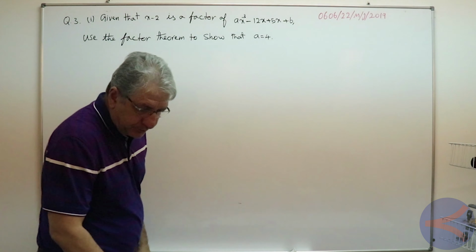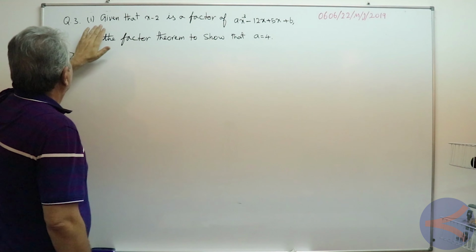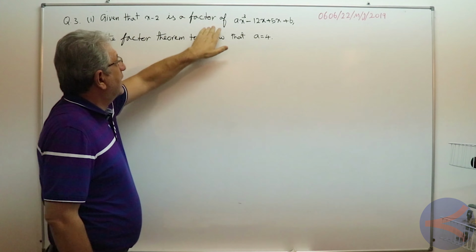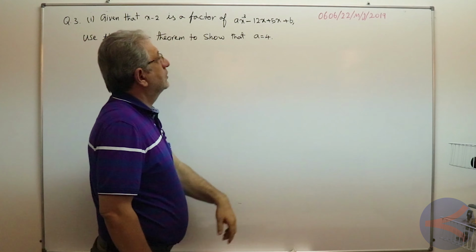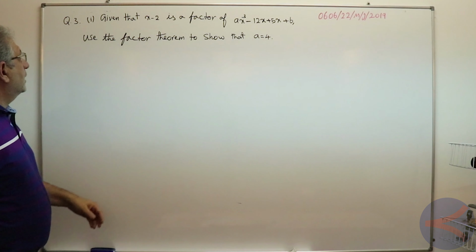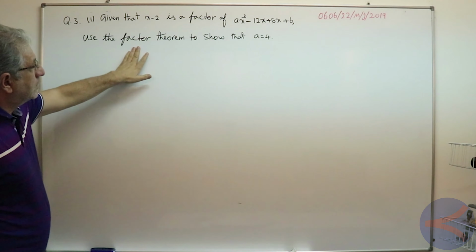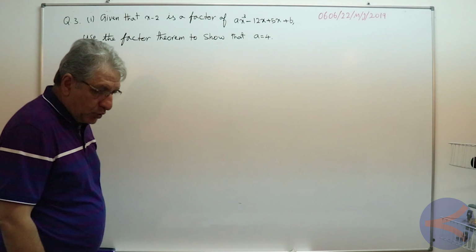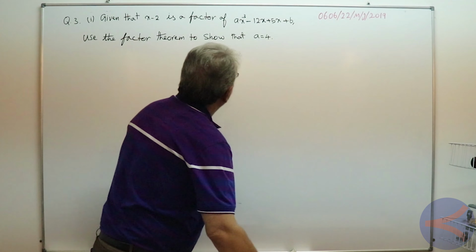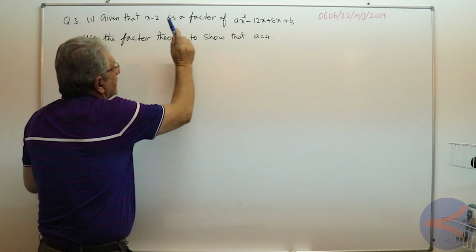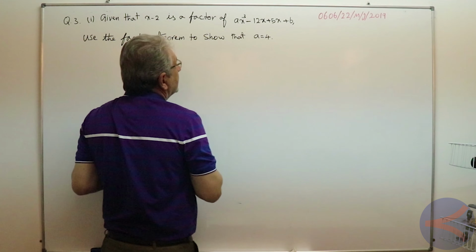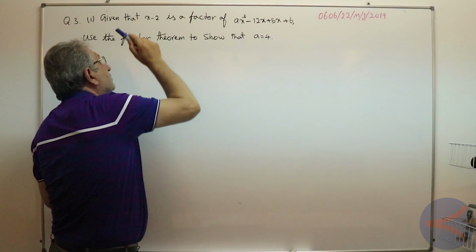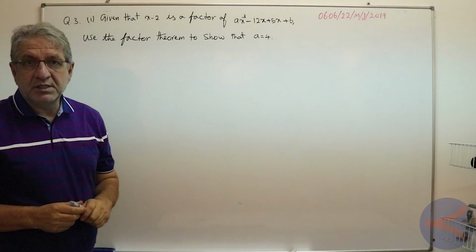We are given that x minus 2 is a factor of this cubic expression, and we use the factor theorem to show that a is equal to 4. If this is a factor, that means this expression can be divided by it and the remainder is 0.